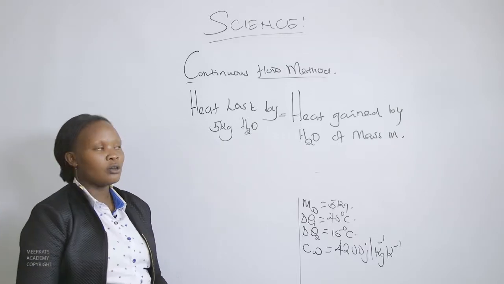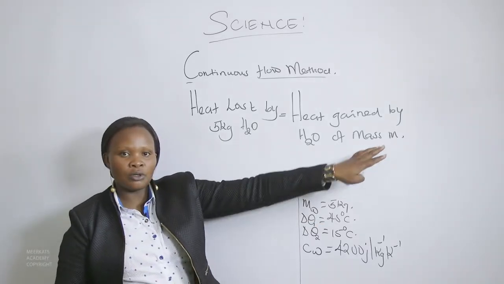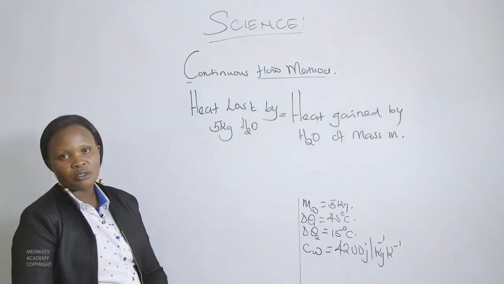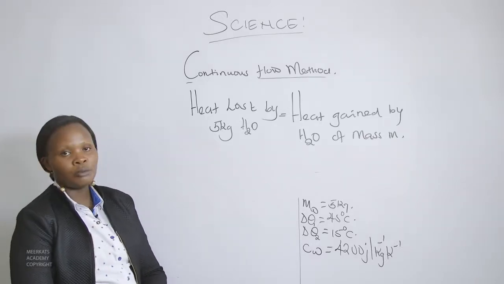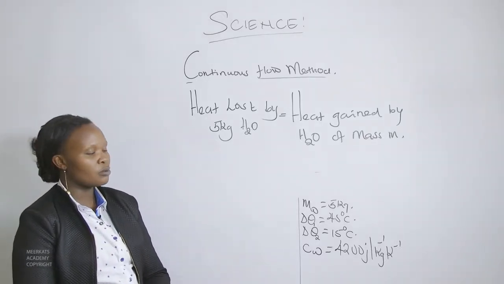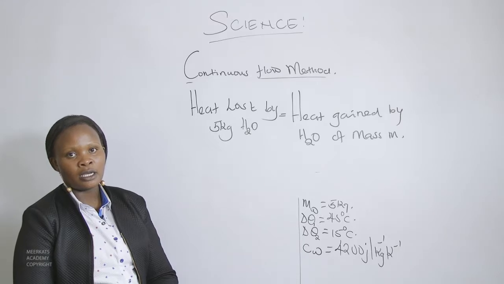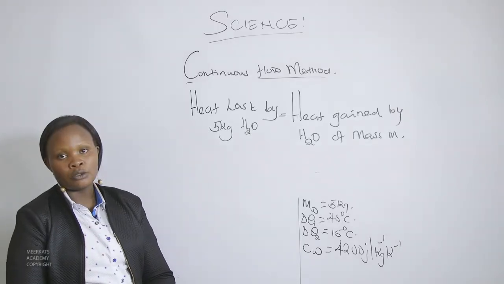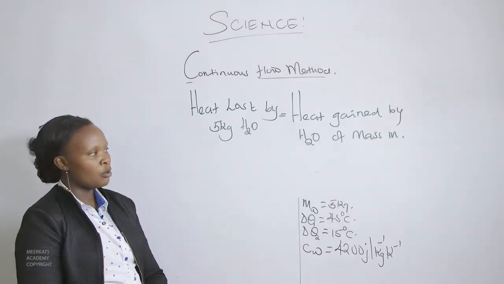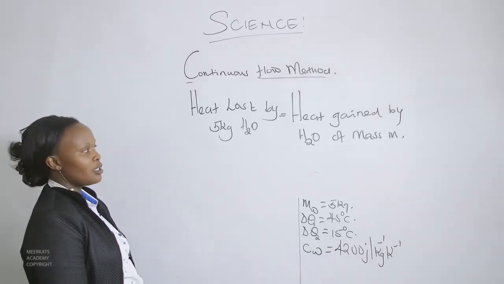We are calling it mass m because we do not know the mass that we require to mix with our first bit of water to achieve the desirable 40 degrees Celsius.